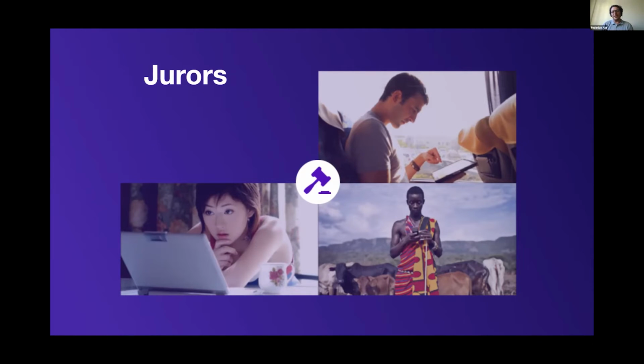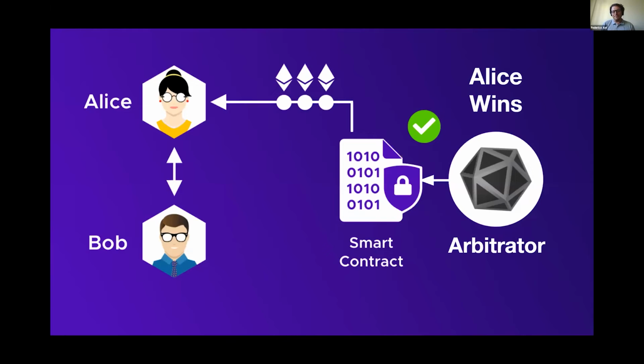In this case, let's say that they decide to refund Alice, so the money which was in the smart contract as escrow is sent back to her, and this brings a solution. And the jurors are going to be rewarded for the time they use for resolution, right?